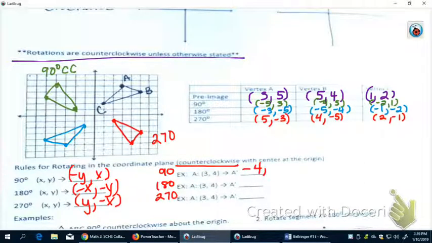Negative 4, 3. Okay, start again. Let's go 180. So I'm going to turn it twice. 1, 2. Negative 3, negative 4. And then turn it one more time to make the 270. 4, negative 3.